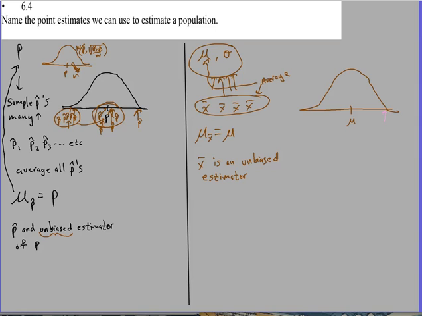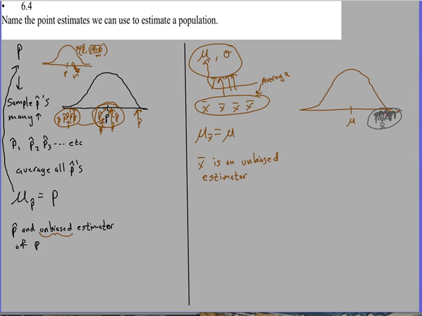Now I wouldn't expect them to fall all the way over here. All my x bars won't fall over here. This is an overestimate. If this happens, something happened in your sampling method. If all your x bars fell here, then this would be a biased estimator.